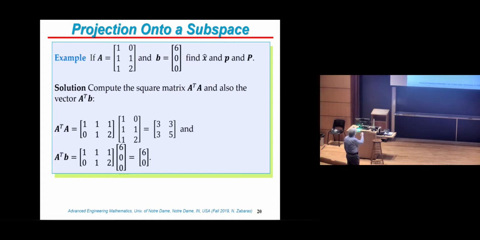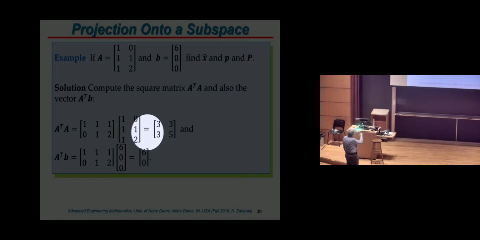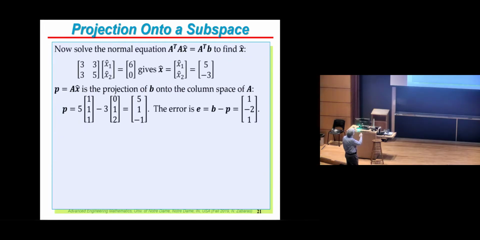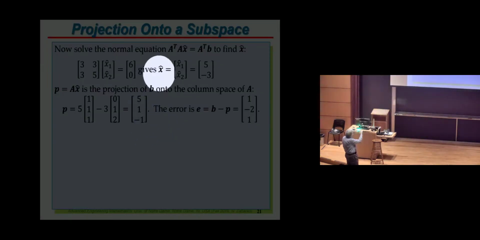That's what gives us the least squares equations. If you take A transpose A, you get this very nice symmetric matrix. If you take A transpose b, you get that. And the least squares solution in this case is x hat equal to 5 and minus 3. And remember, the projection point is a combination of the two columns. That's what x hat defines. So the projection point is 5 times the first column, minus 3 times the second, which is the point 5, 1, minus 1. And the error is b minus p.